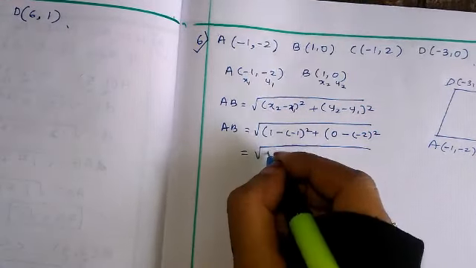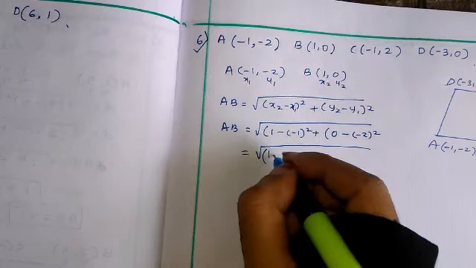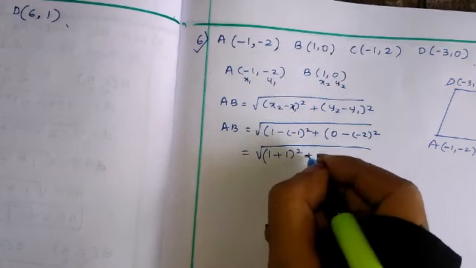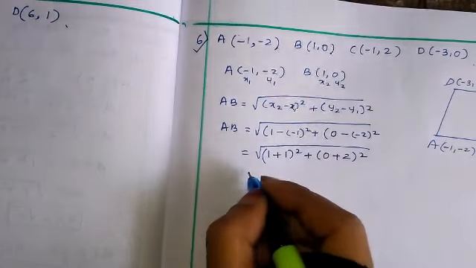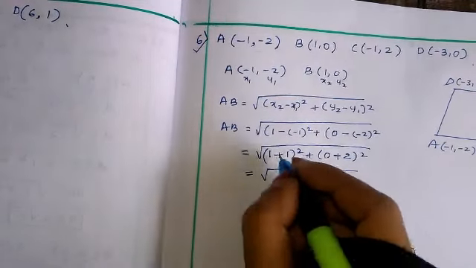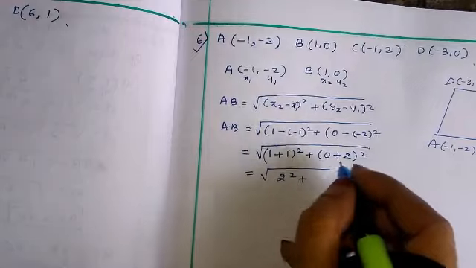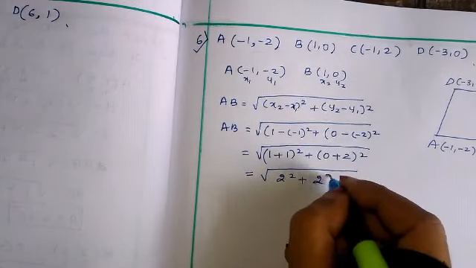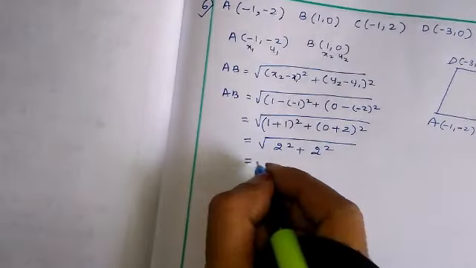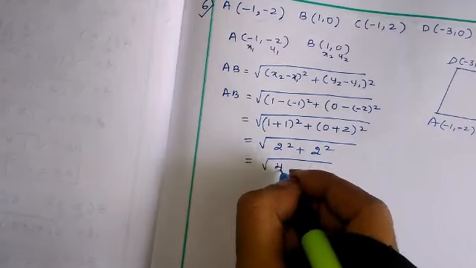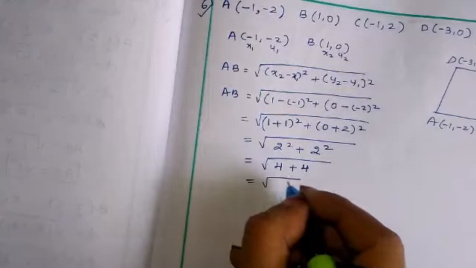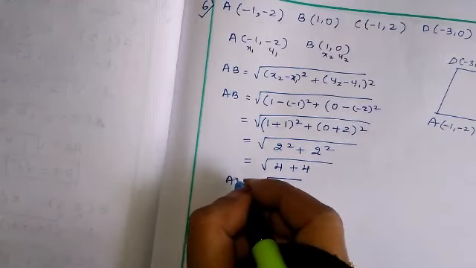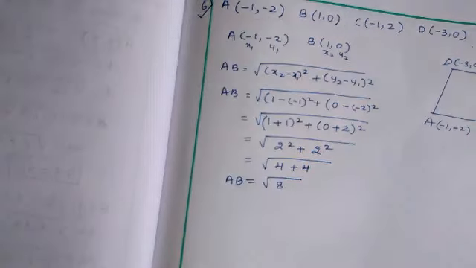Here 1 as it is, minus minus is plus 1 square, 0 as it is, minus minus is plus 2 square. Now 1 plus 1 is 2, 2 square, 0 plus 2 is 2, 2 square. So 2 square is 4, 2 square is 4, 4 plus 4 is root 8. AB, what we get? Root 8.